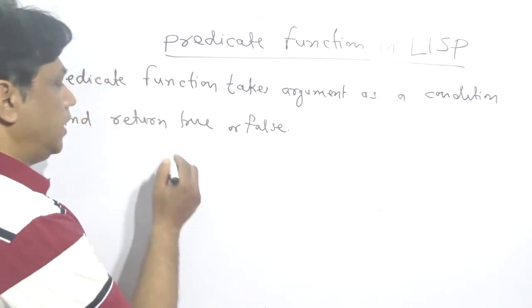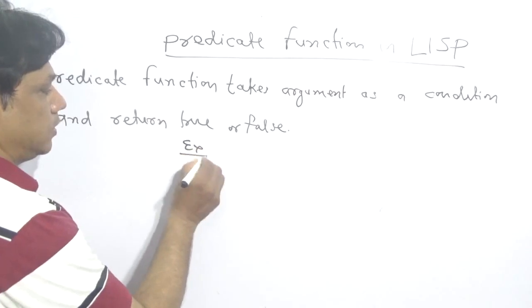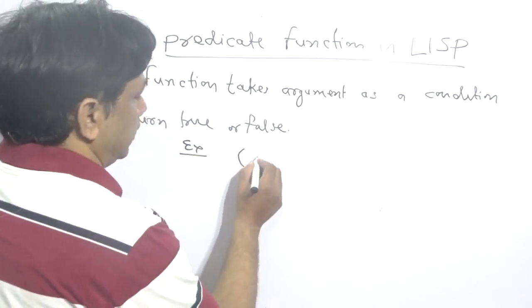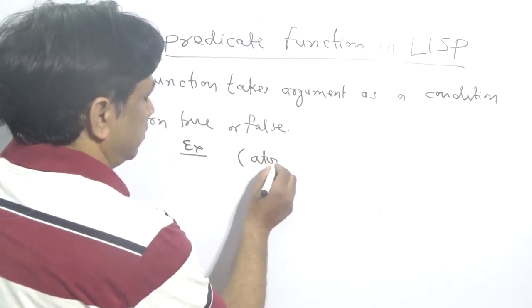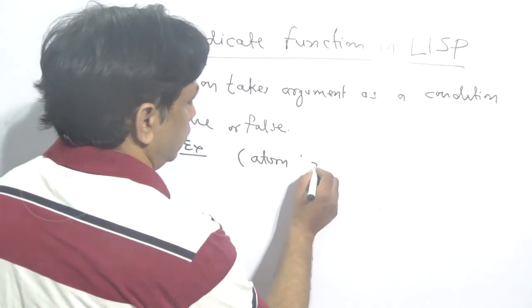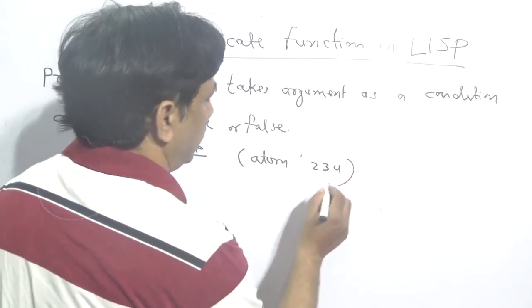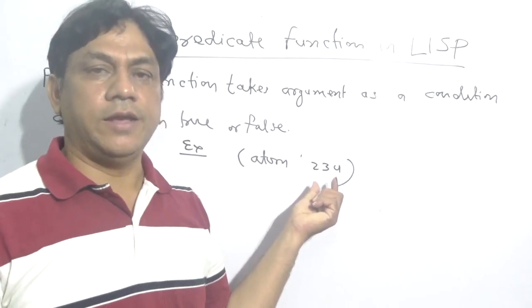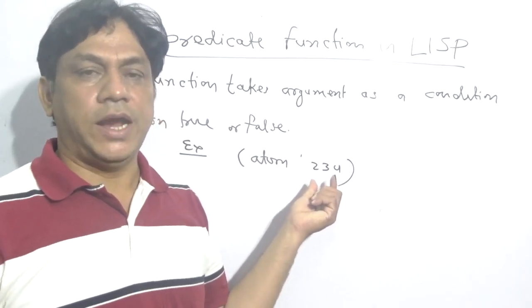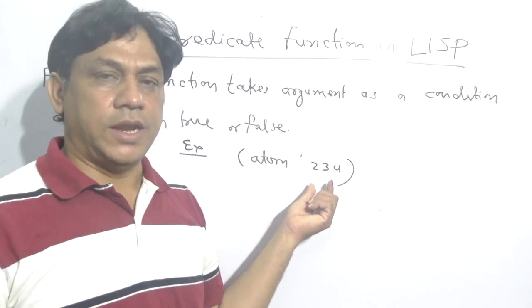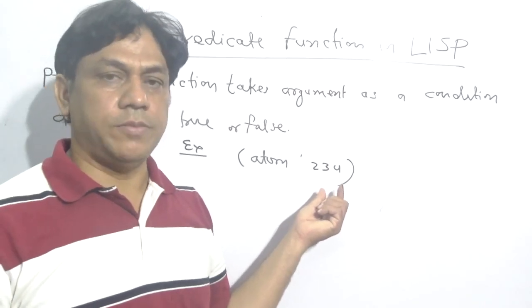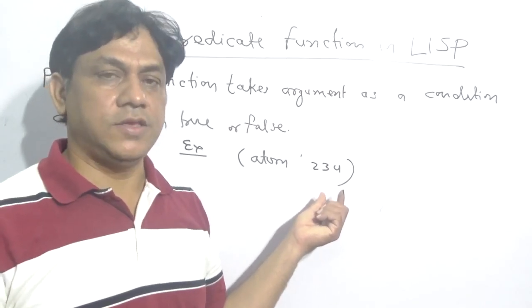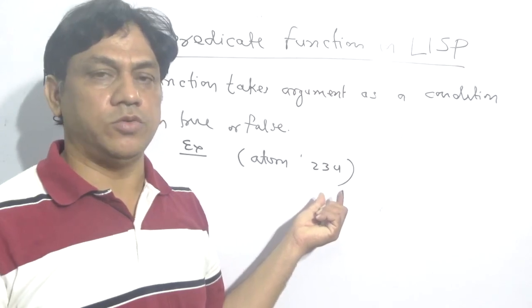One example is atom 2, 3, 4. If I want to check whether 2, 3, 4 is an atom or not. What is an atom? An atom is a character or a number without parentheses or double quotes.